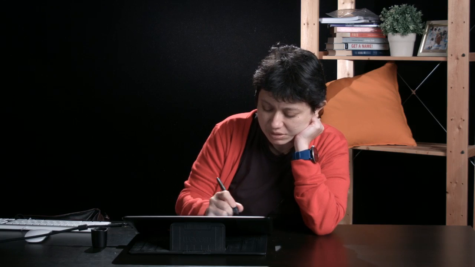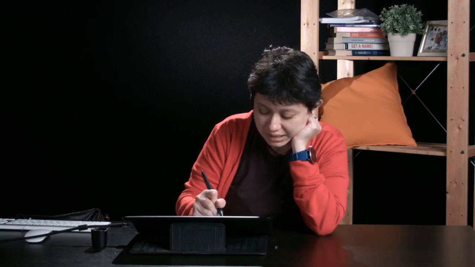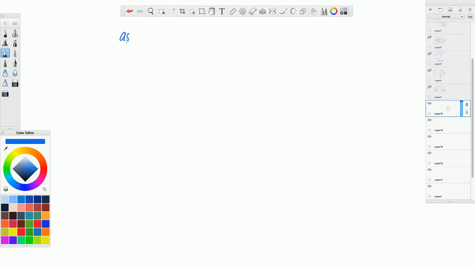Okay, so let's try and look at this question. Obviously it has something to do with esters. Okay, so again, how do we name esters? So esters are carboxylic acid combined together with alcohol.